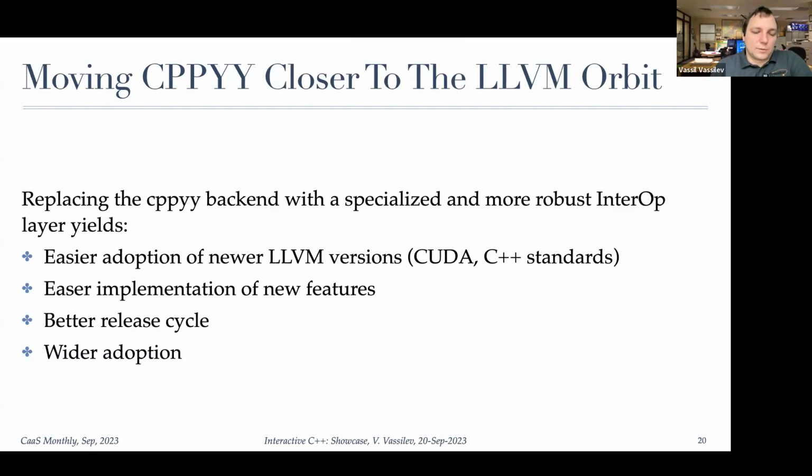That would allow us to implement new features easily, because sometimes you need to change the reflection information layer, and that sometimes is problematic. It's going to have a better release cycle, we thought, and that would yield wider adoption. So those were the major points that we wanted to take.